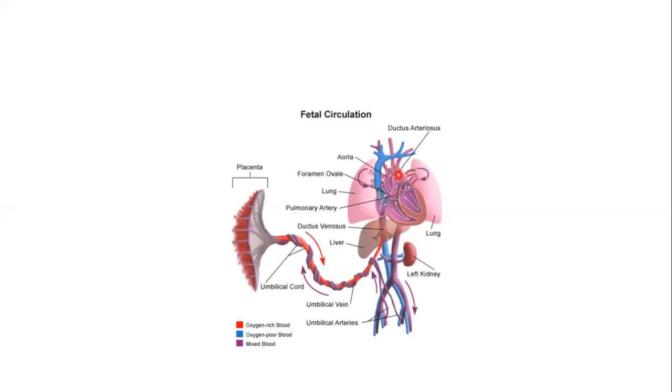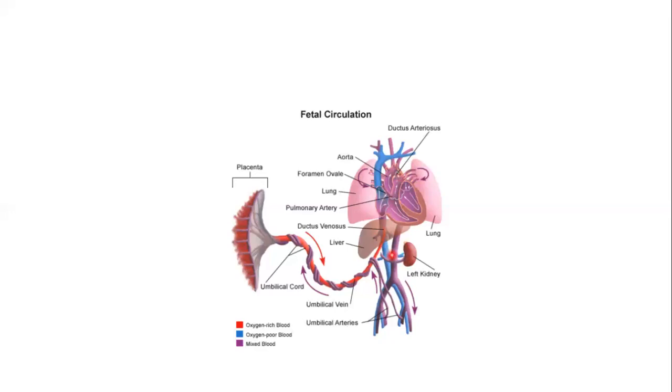One, the umbilical arteries get constricted, the umbilical vein gets constricted, the ductus venosus constricts, the foramen ovale constricts, and the ductus arteriosus also constricts. So when these constrict, there's now a new way the blood is flowing in the body.